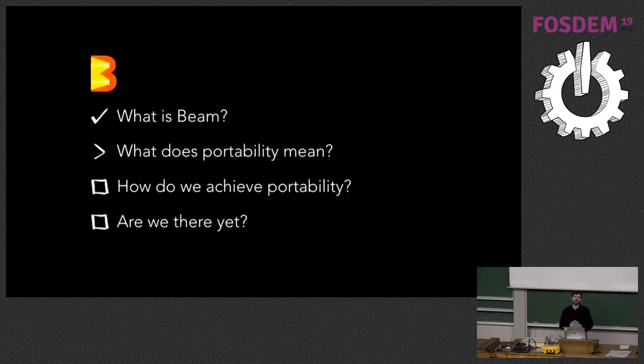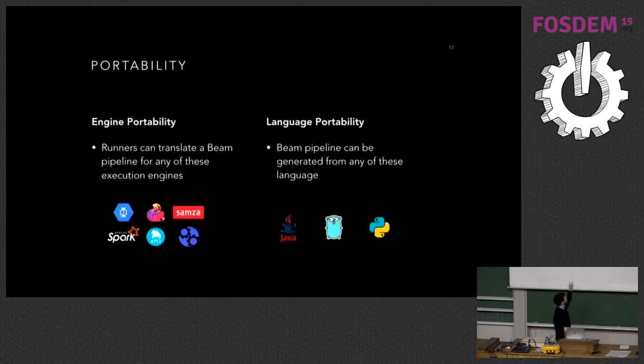So what does portability mean now? I showed you Java, I showed you Python. That should already be working, right? So let's see first what the two different kinds of portability in the Beam context are. We have engine portability, which is the ability to run on different execution engines.